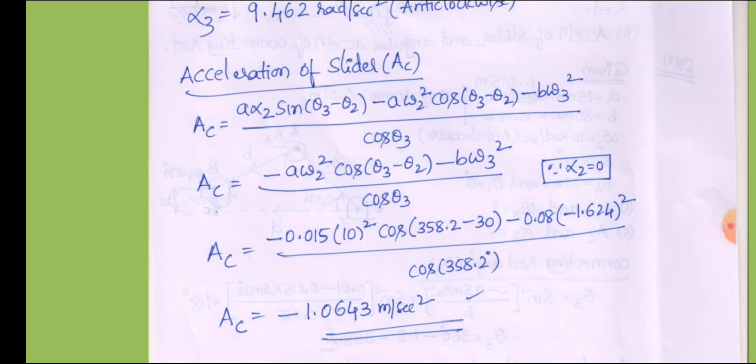Hence the AC is equal to minus (a omega 2 square into cos of (theta 3 minus theta 2) minus b omega 3 square) by cos theta 3. So if I substitute all the values which I know and simplify, I am going to get AC is equal to minus 1.0643, and it is linear acceleration. Units will be meters per second square.